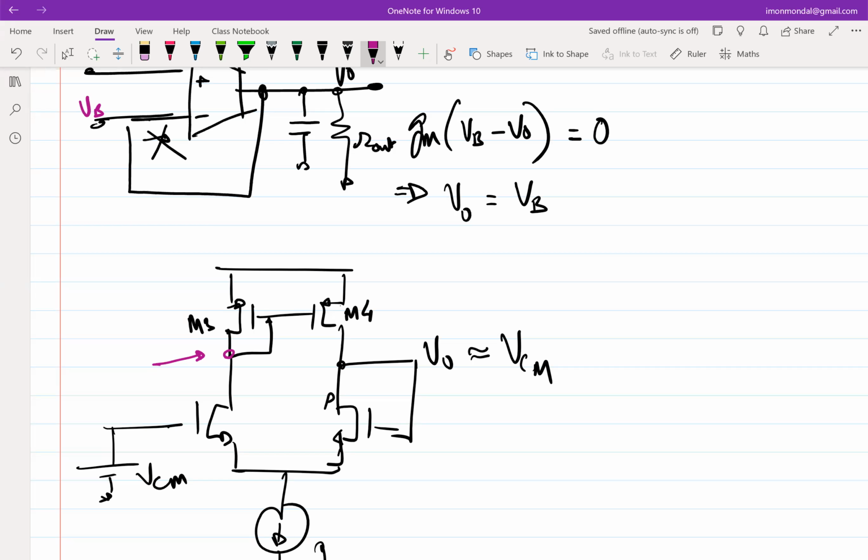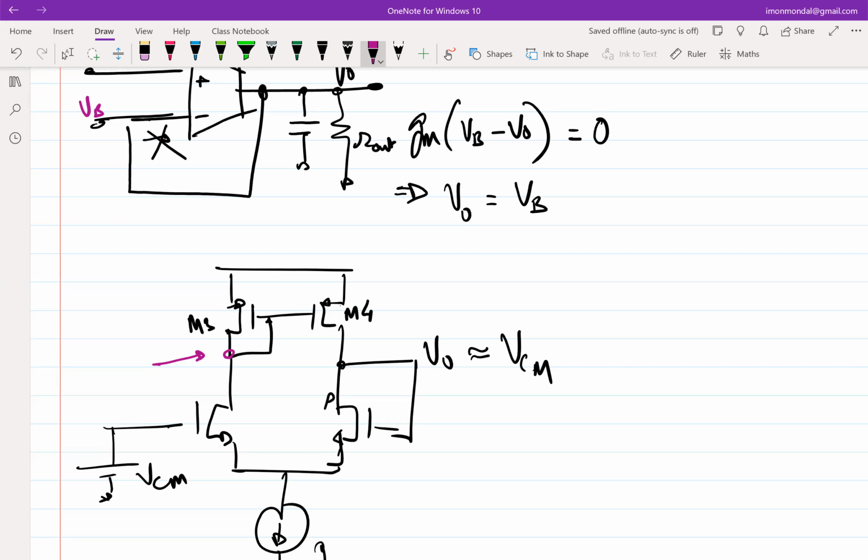What about the right branch now? If I consider the requirement of the right branch, what is the maximum VCM? Will it be the same?